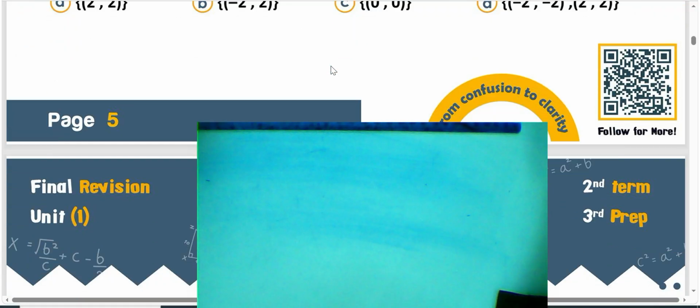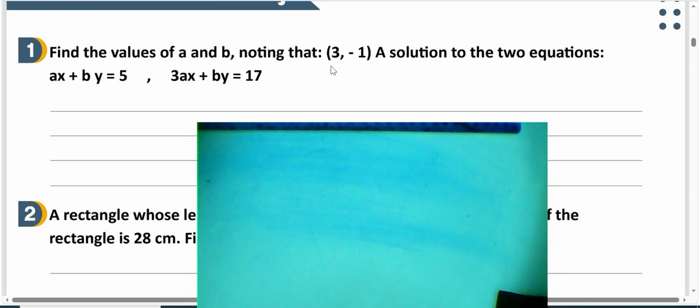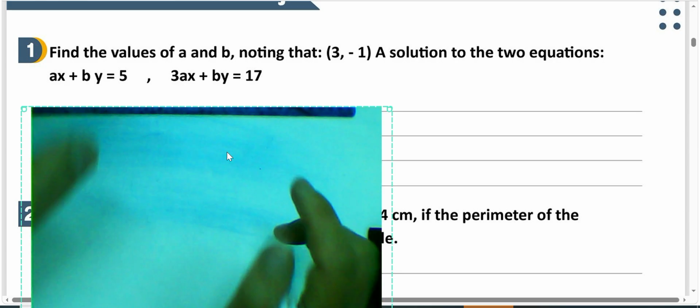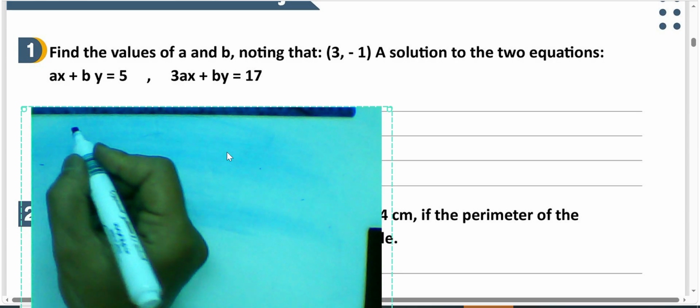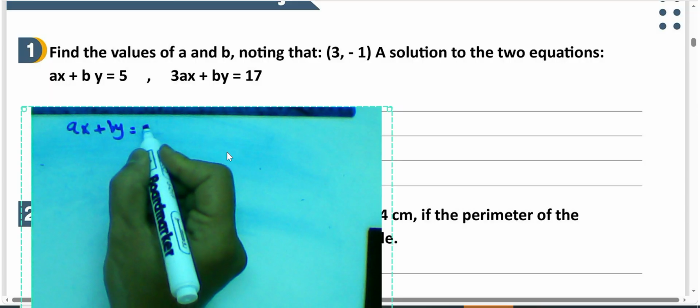Next question. Find the values of a and b if 3 and negative 1 is a solution of the two equations. Okay, we can solve the equations here by putting the value of x equal 3 and y equal negative 1. We have the first equation, ax plus by equals 5.